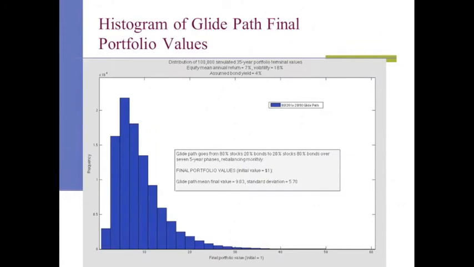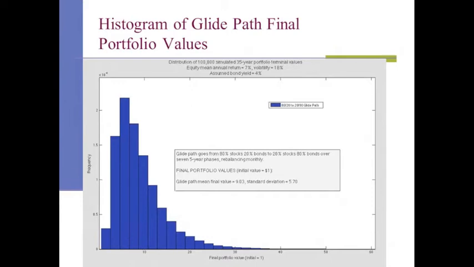And it would look like what we see here in blue. So the histogram that we've created is from 100,000 simulations of a 35-year period in which the glide path began with about where the average glide path in current programs begins at 80% and goes down to 20% at the beginning of 5 years before the 35th year.